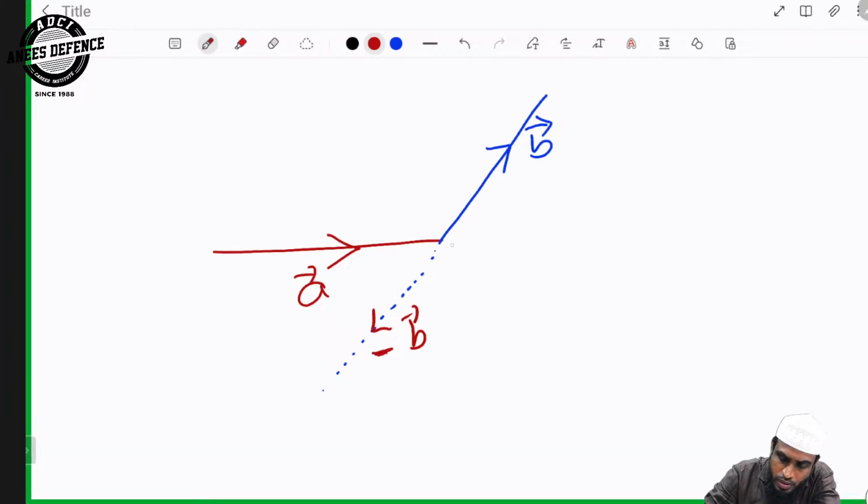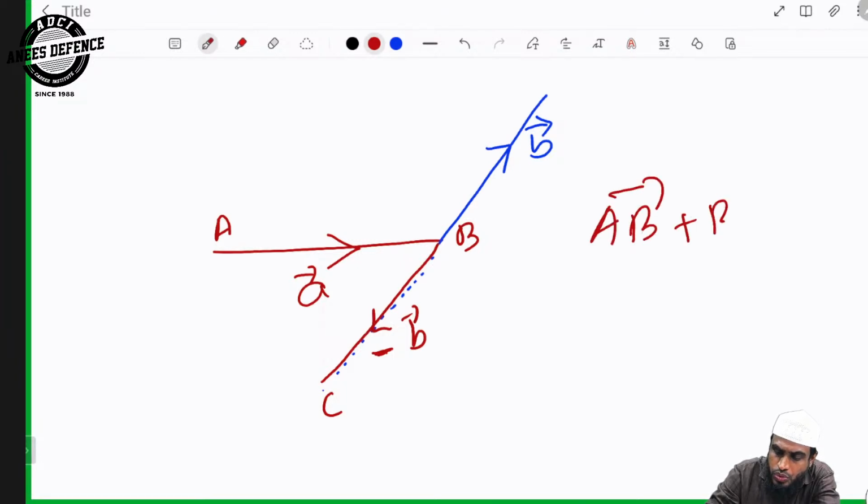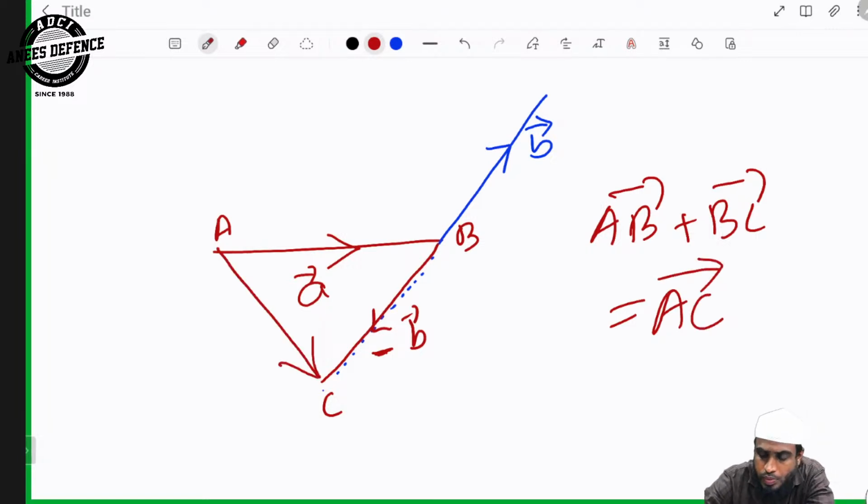Now also you can see one triangle is formed, A, B, C. Here AB is one of the sides, BC is the other side. So if we are moving from A to B first, then B to C, then the resultant will be from A to C. So AC can be represented as AB plus BC.